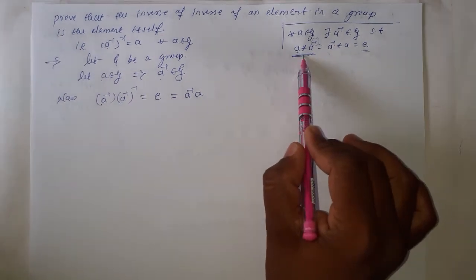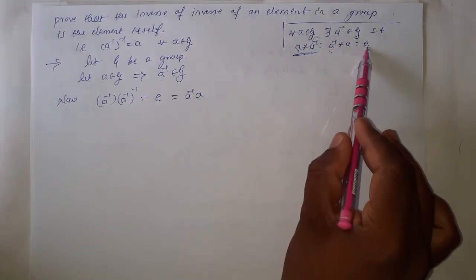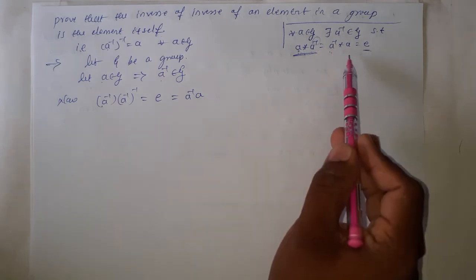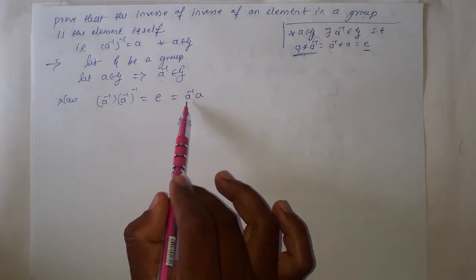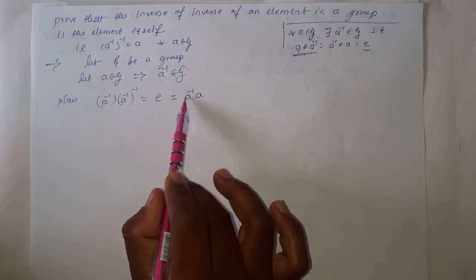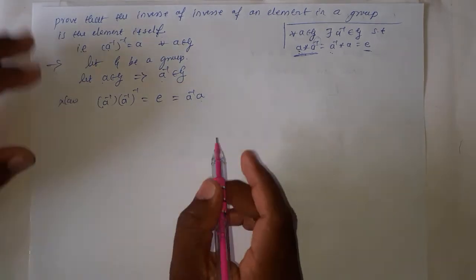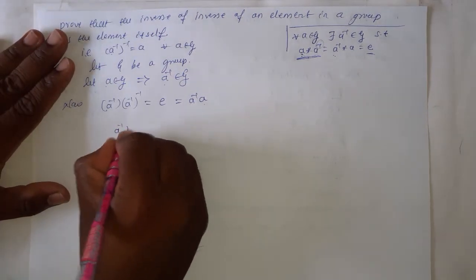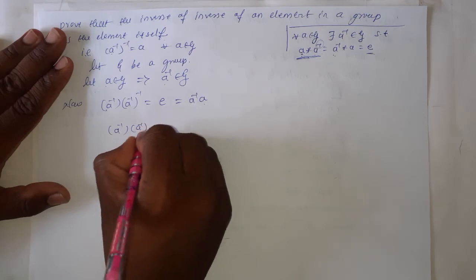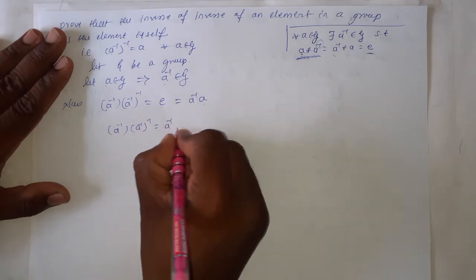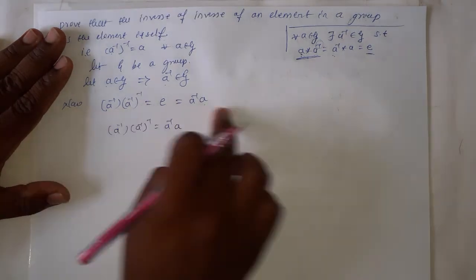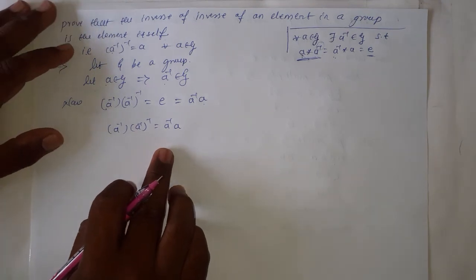Here it is the statement A star A inverse equal to E, or A inverse star A is equal to E. So therefore we have written that E is equal to A inverse A. Now A inverse into A inverse whole inverse equal to A inverse A, by equality we have written this expression.